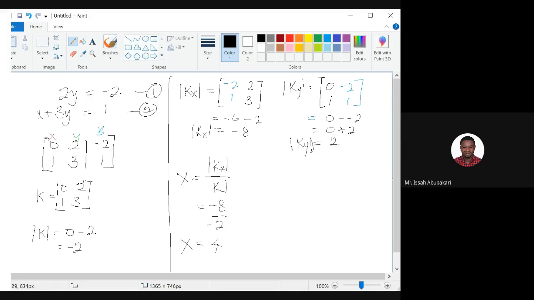X is equal to 4. And for y, the determinant of Ky, we know is 2, divided by the determinant of K. So this one will be 2 divided by minus 2. And our answer is minus 1. Y is equal to minus 1.